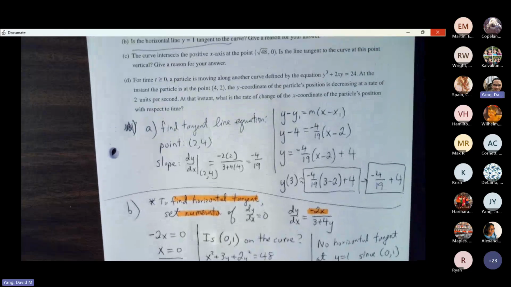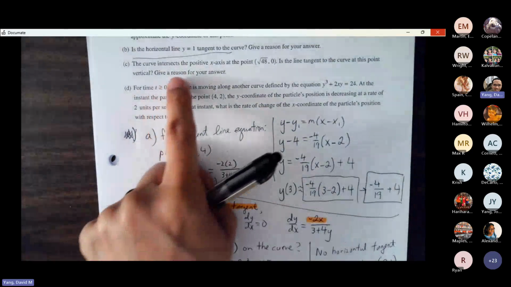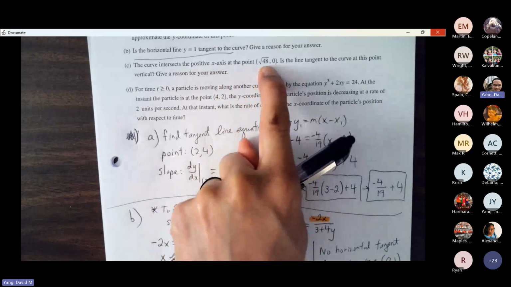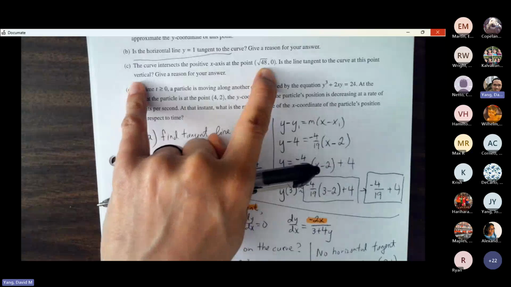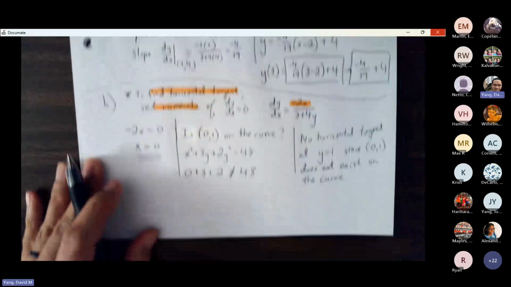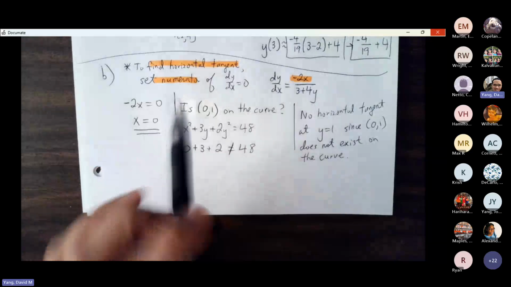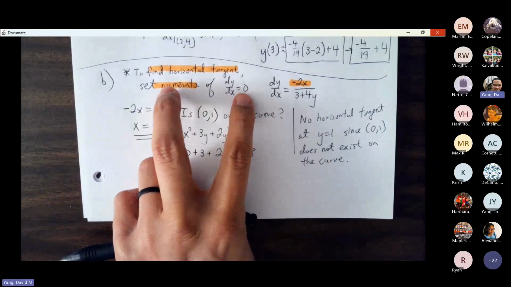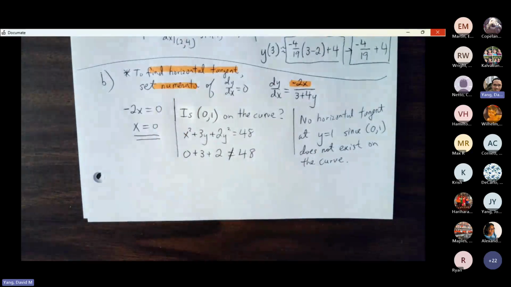The second part, part C: the curve intersects the positive x-axis at the point root 48, 0. Is the line tangent to the curve at this point vertical? So now it's asking about vertical tangent. And vertical tangent is basically the other side of the fraction, setting the denominator of dy dx equal to 0.